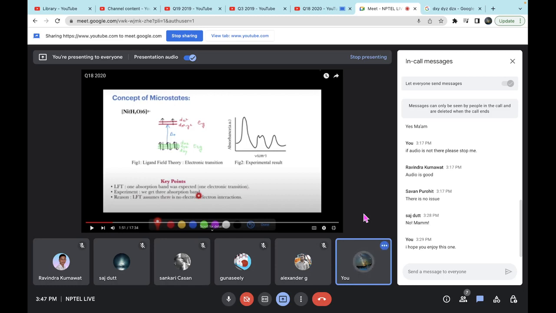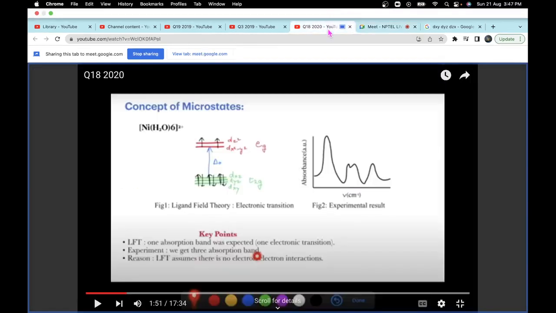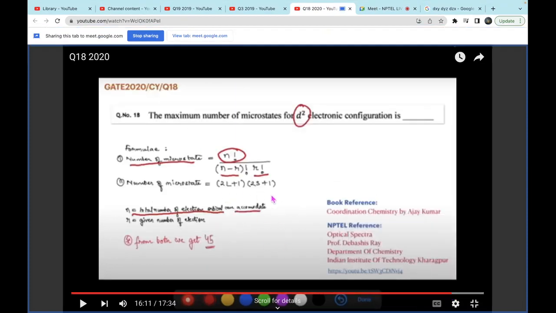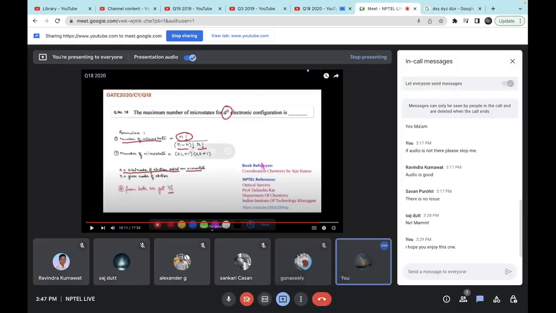That formula is used to find the number of microstates associated with each term. It is only used when you are given a term associated with D2. After you know every term and calculate the number of microstates associated with each term and sum them up, you will get the total of 45.